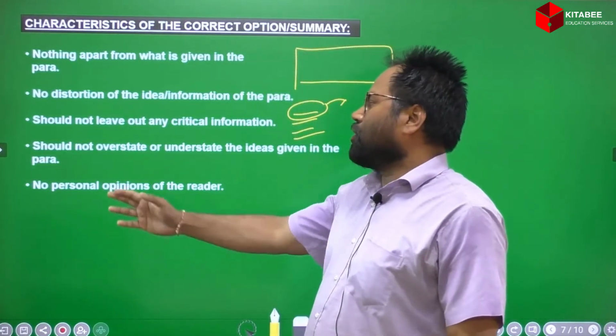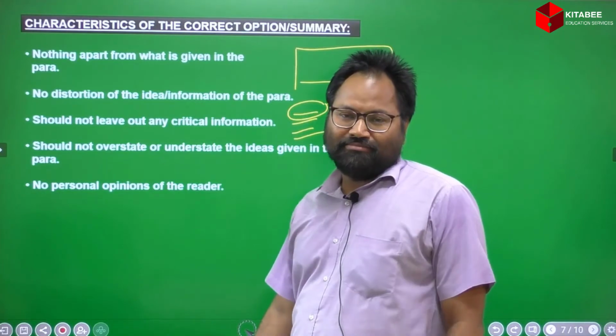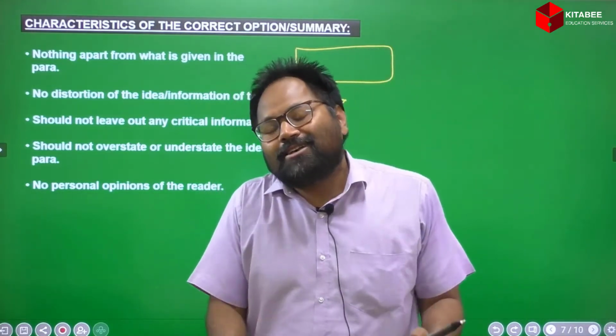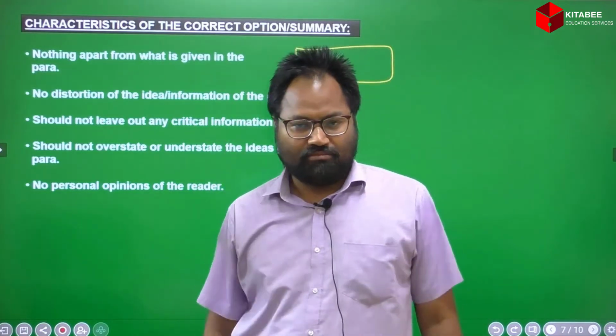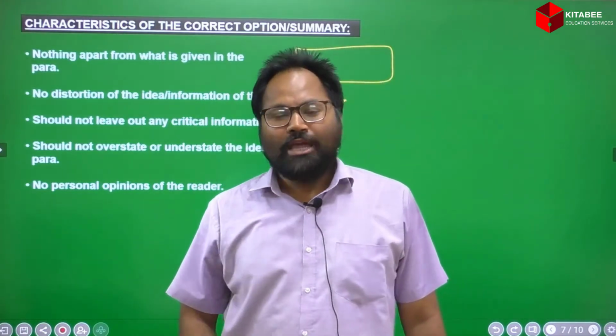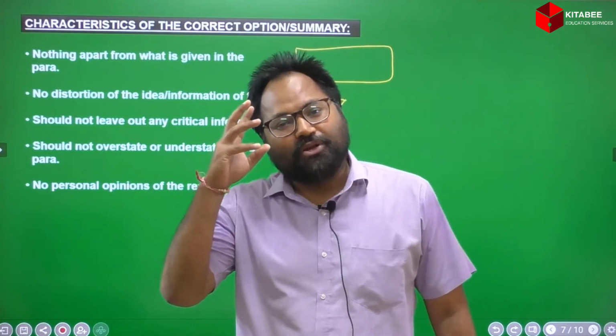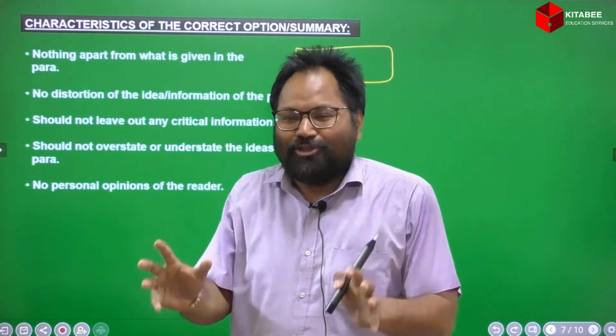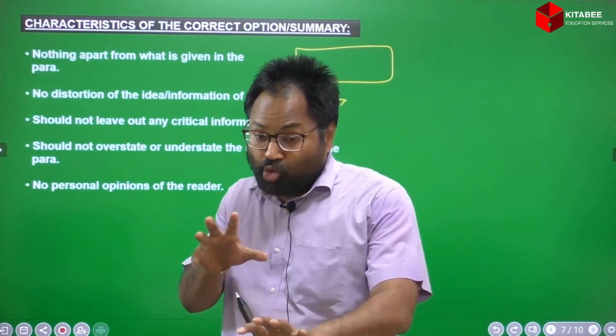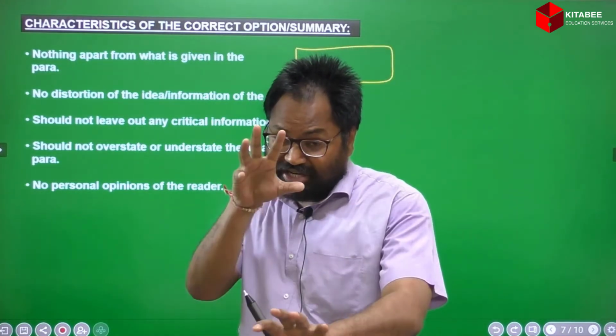Now, it should not overstate or understate. It should not exaggerate what is given by the author. The author gives something in a particular tone, with a particular meaning, in particular words. It should not be exaggerated in the options. The option has to maintain the intensity and the tone.